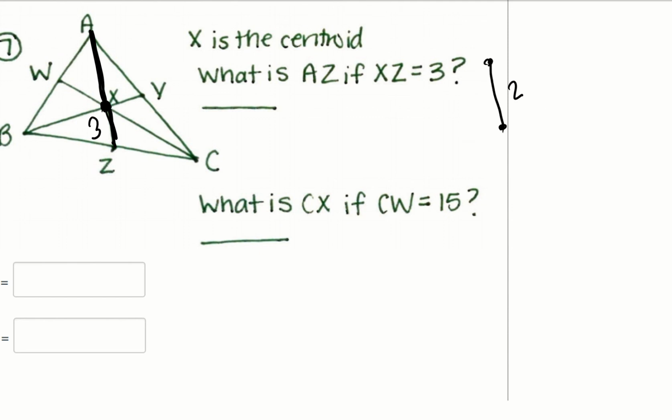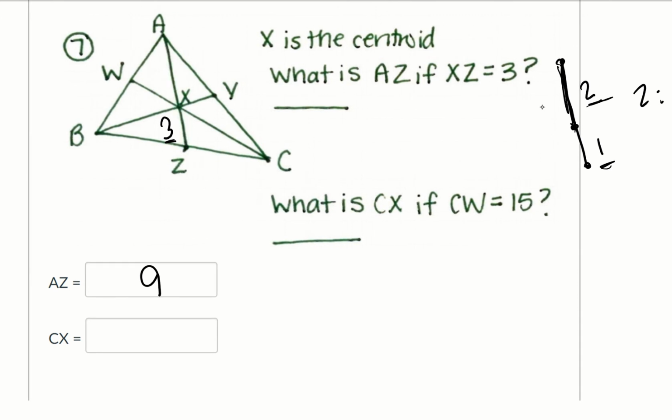So that's the ratio of the line segments. So the longer part is twice as large as the smaller part. So if this smaller part is 3, then this larger part has to be 6. You just double it. And then 6 plus 3 is going to be 9. And so AZ is 9.